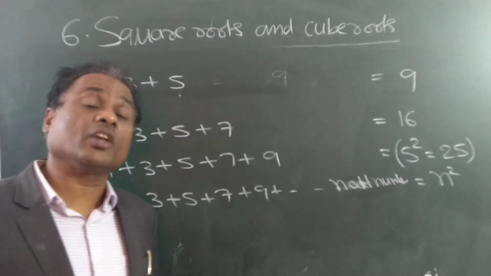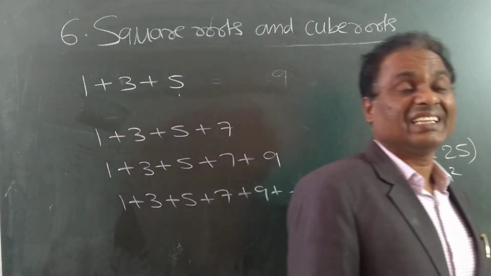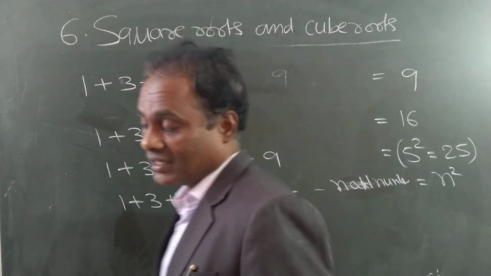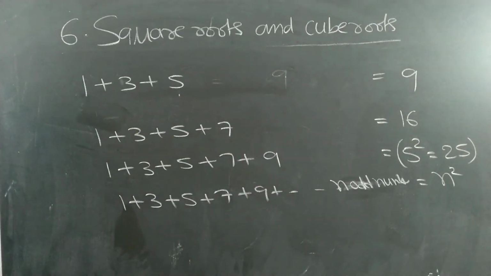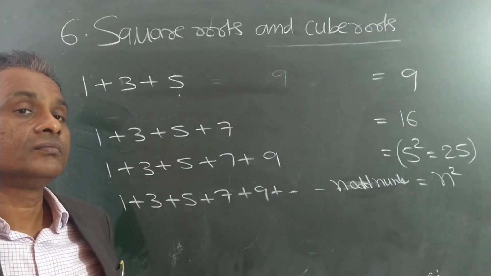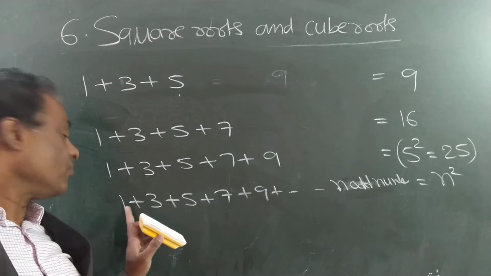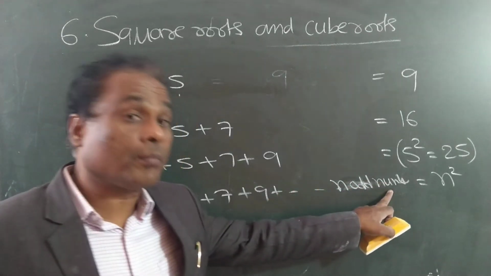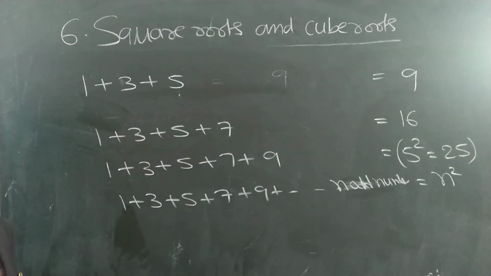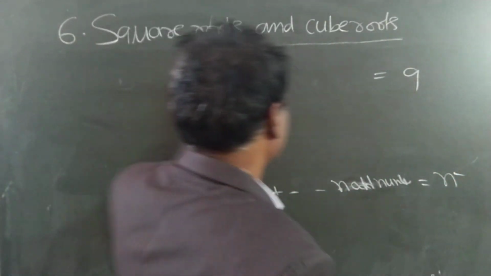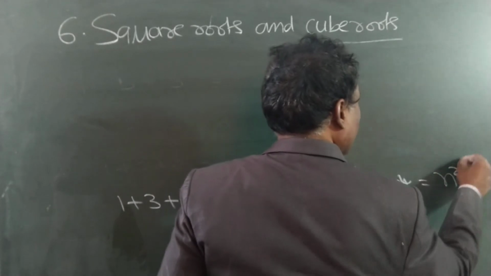Sum of consecutive n odd numbers starting from 1 is n square.